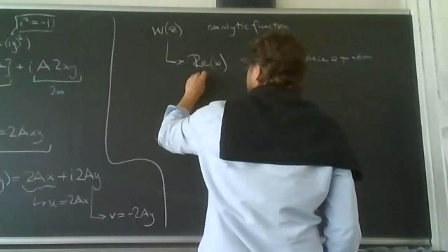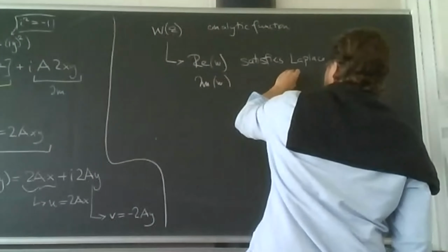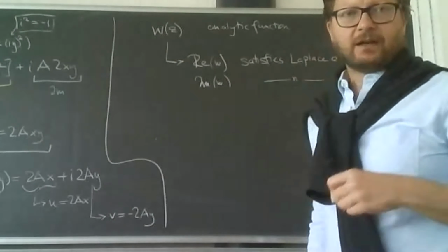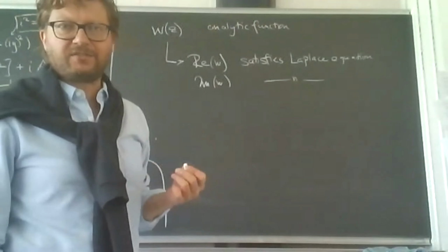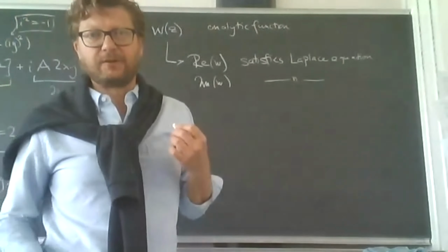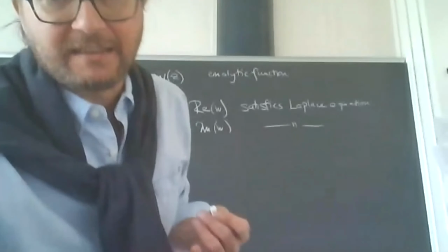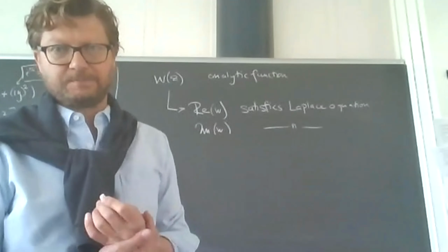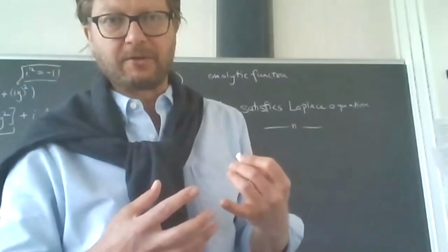And you can say the same thing for the imaginary part. Also, the imaginary part of any analytic function satisfies the Laplace equation. This is a fundamental property of any analytic complex function. This is something you can show if you go into complex number theory.